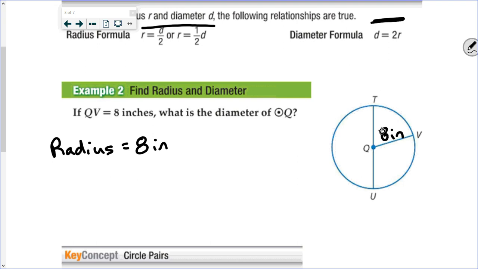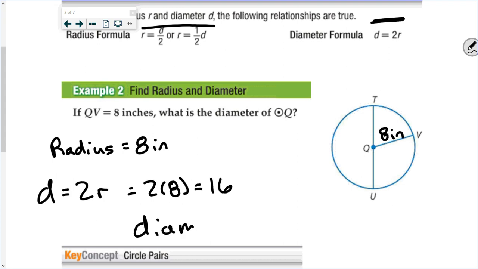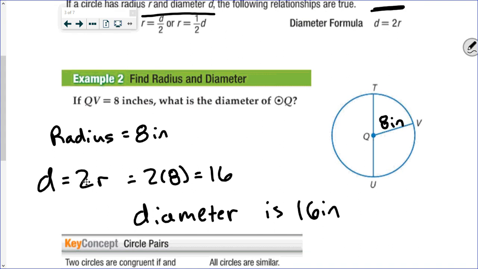To find the diameter, it's equal to 2 times the radius. So in this case, 2 times 8, which is 16. So here the diameter is 16 inches. These formulas aren't too complex. You can go either direction with these things.